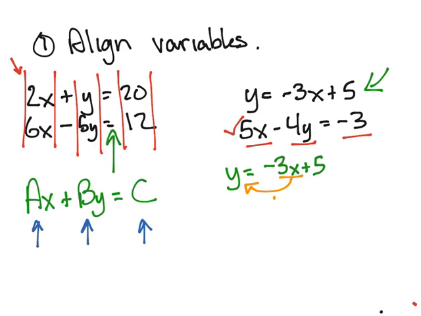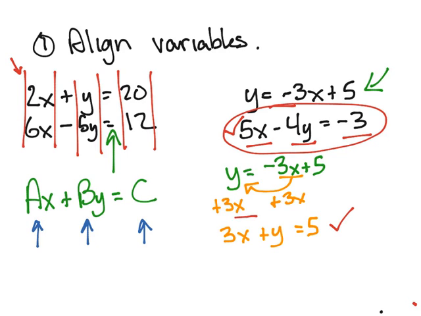To do this, we'll add 3x to both sides. This results in 3x plus y equals 5. Now, we're in standard form, and we can build our system of equations using our original equation and this modified equation. These two together will form a correct system of equations once those variables are aligned.